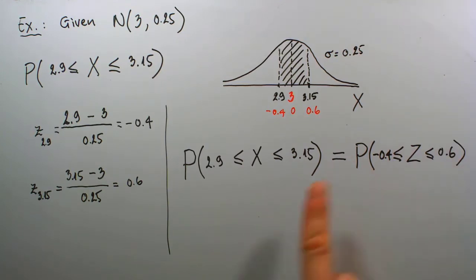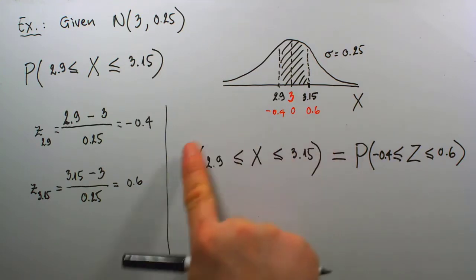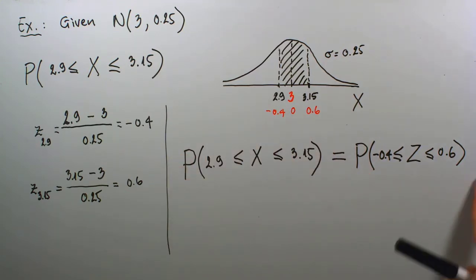That is the connection we have found between any general normal distribution and the standard normal distribution.